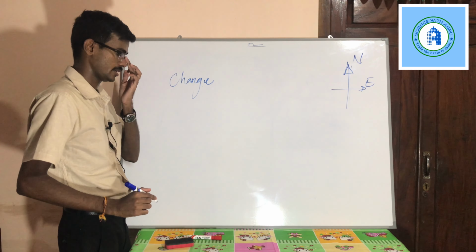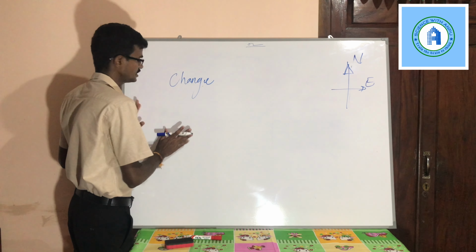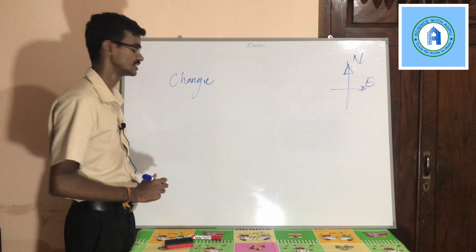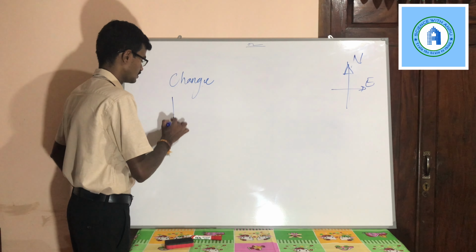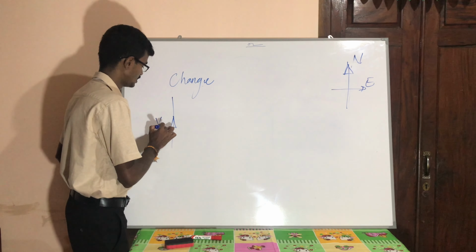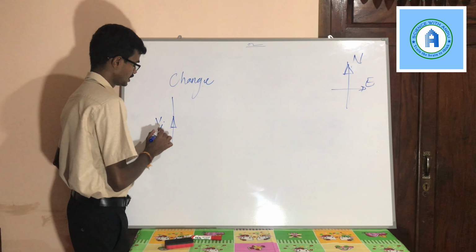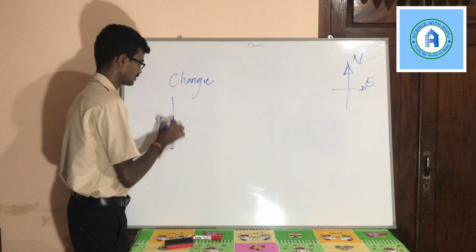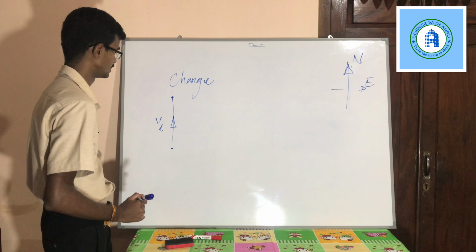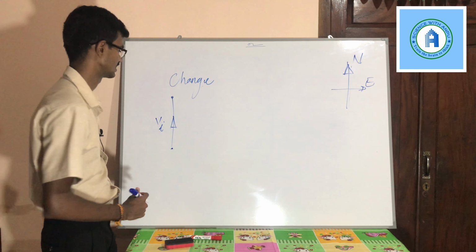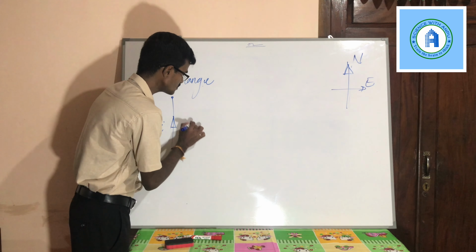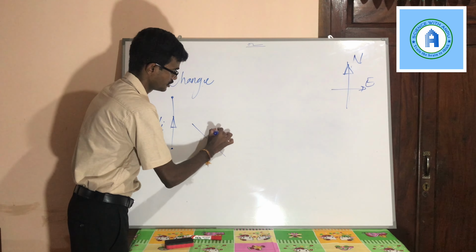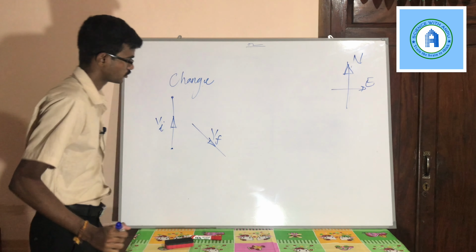Okay, change. What is the change in a vector? For this change I am taking velocity. There is vi, meaning initial velocity. This is the initial velocity of a motorbike or some particle. This is vf, the final velocity.